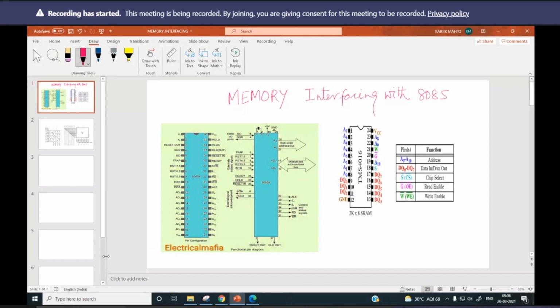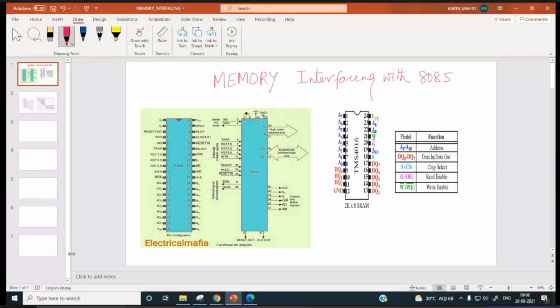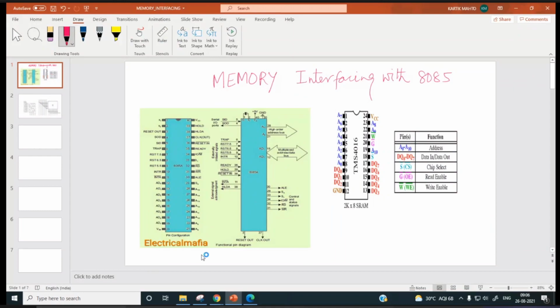Yes, sir. Okay. So today we are going to discuss a very important topic in this subject, microprocessor and microcontroller, that is memory interfacing. We need two types of memory, ROM and RAM, in a microprocessor based system.